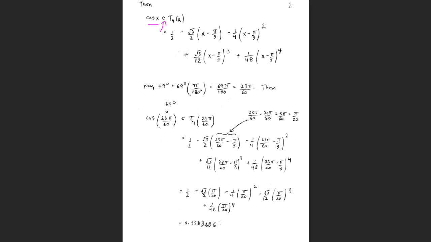The polynomial is not going to be a good approximation everywhere, but certainly about some interval around pi over 3.